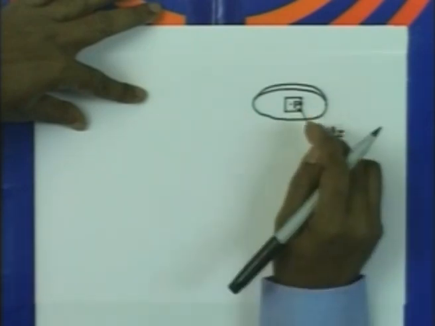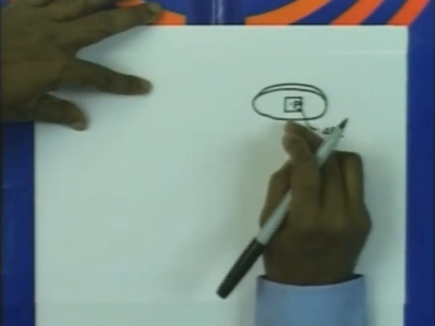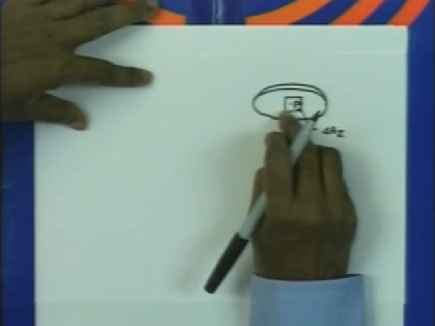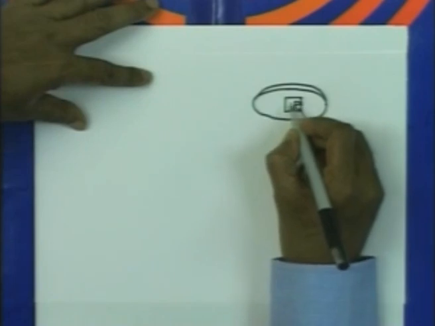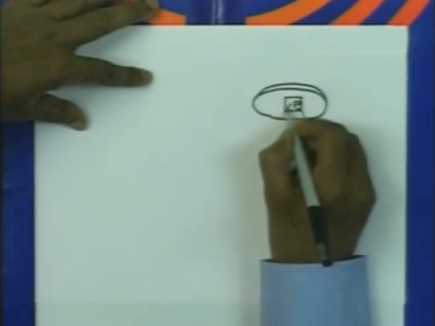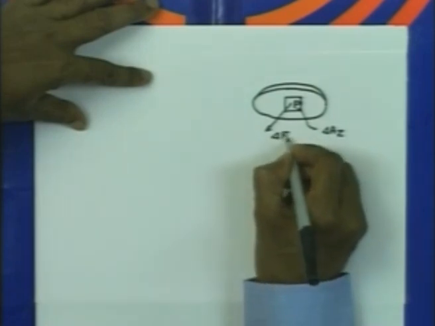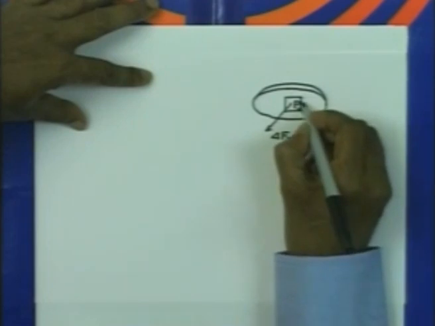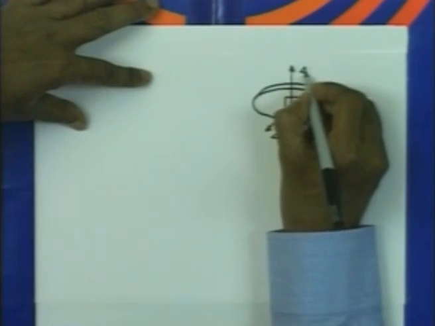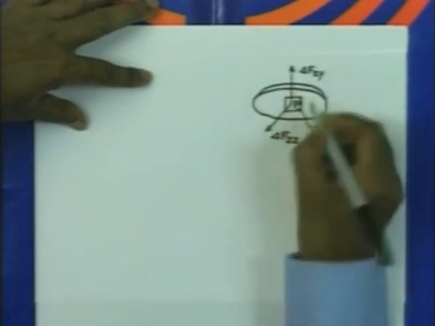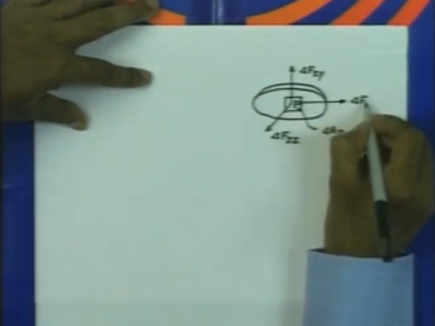Now, the force acting on this area will have components in the 3 coordinate directions. We can resolve them into the component parallel to the z axis, delta f zz, the component parallel to the y axis, delta f zy, and the component delta f zx.